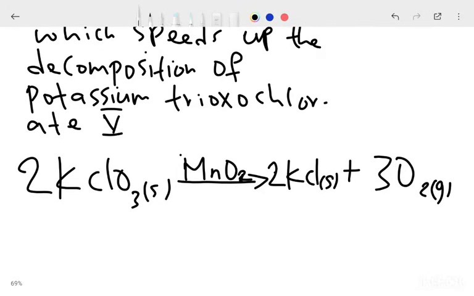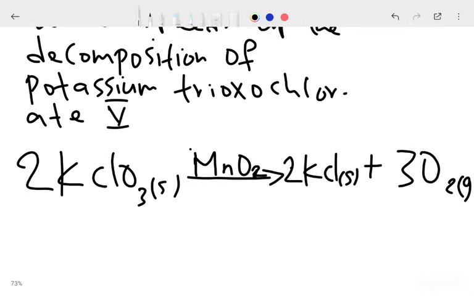Now look at it. So manganese(IV) oxide speeds up what? The decomposition of potassium chlorate(V). You notice that this particular reaction is a decomposition reaction. I guess we've done it now: when a single compound is decomposing or splitting to form simpler compounds or elements.